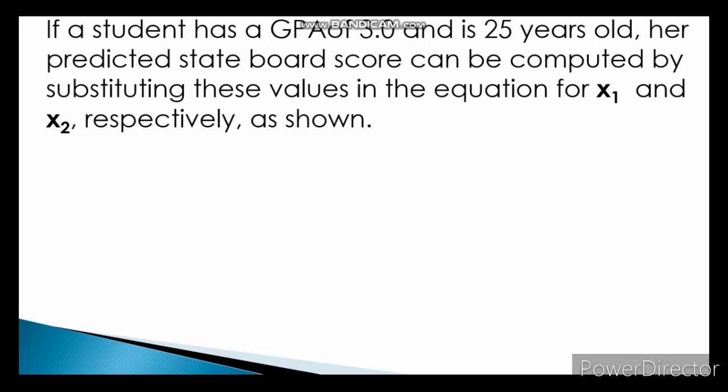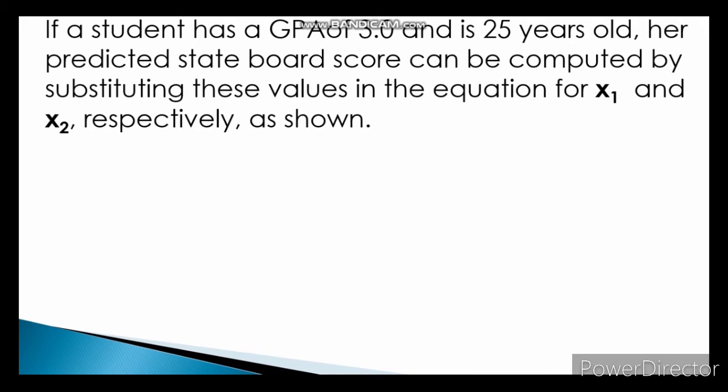If a student has a GPA of 3.0 and is 25 years old, her predicted state board score can be computed by substituting these values in the equation for x sub 1 and x sub 2 respectively as shown.